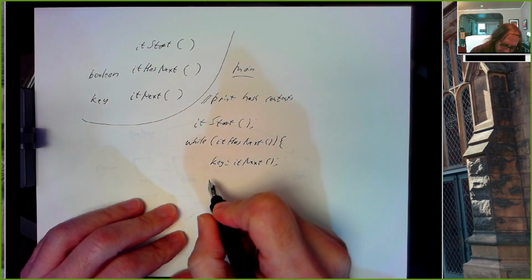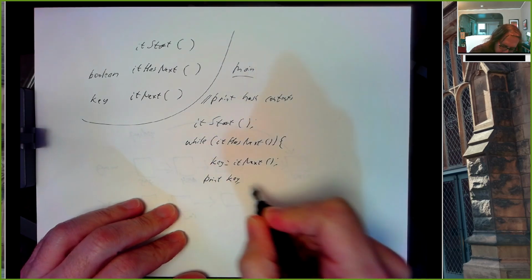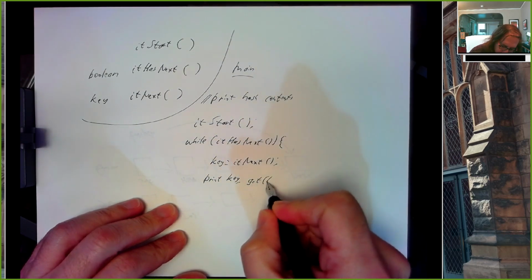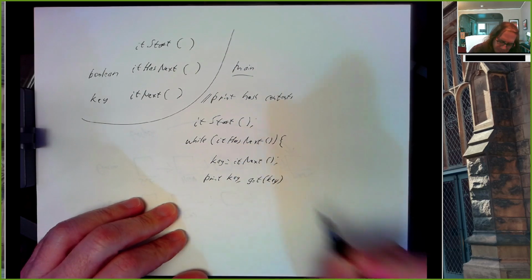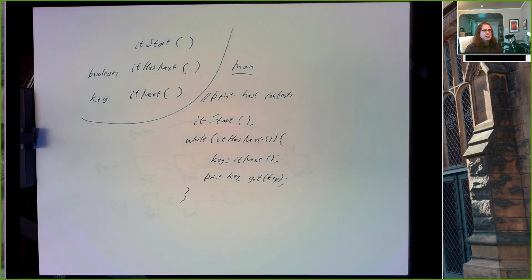We'd get the key. We'd print maybe the key value pair using the get function to say here's a key, give me the value associated with it, and we'd just loop like that.